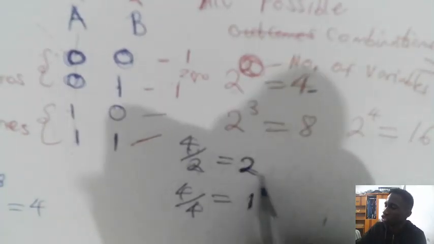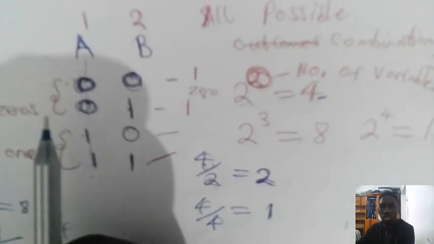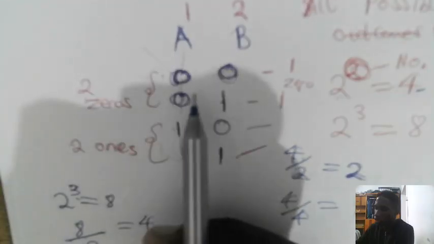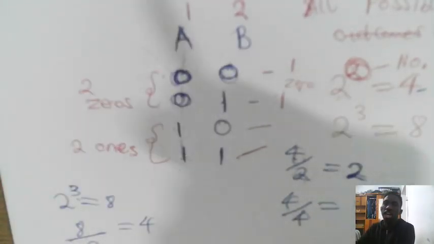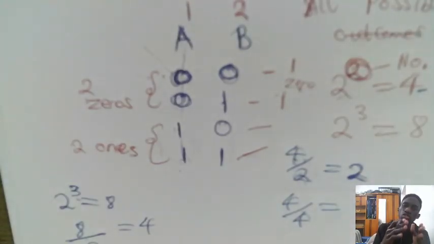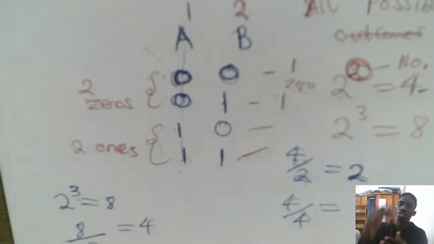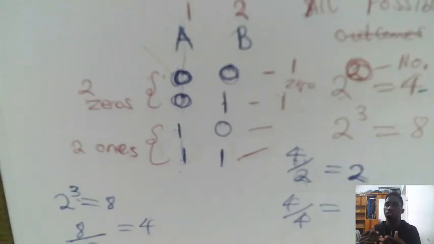This tells you that you should have 2 zeros and 2 ones: the first half of the A column is zeros, the second half ones. You always start with 0. So the first half is 0, 0, the second half is 1, 1.